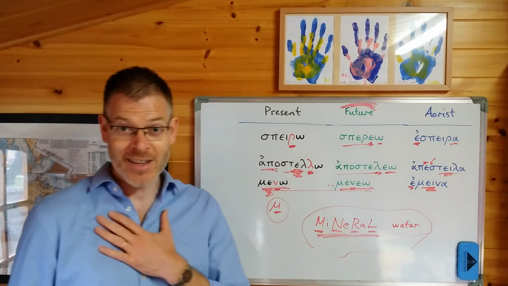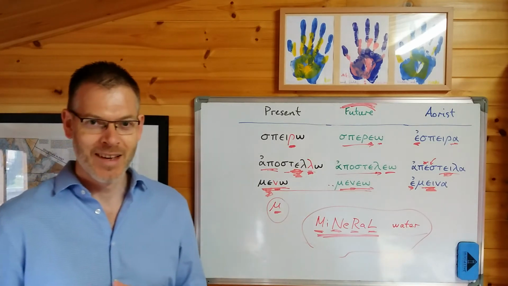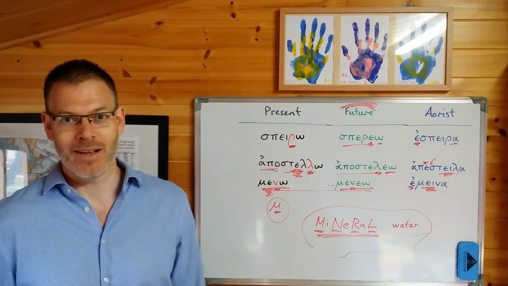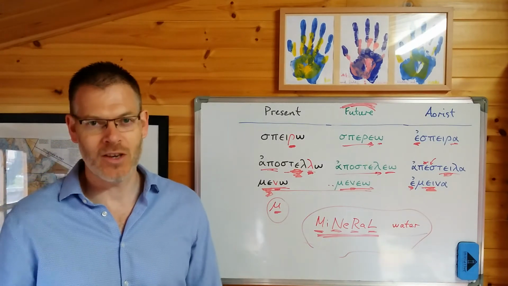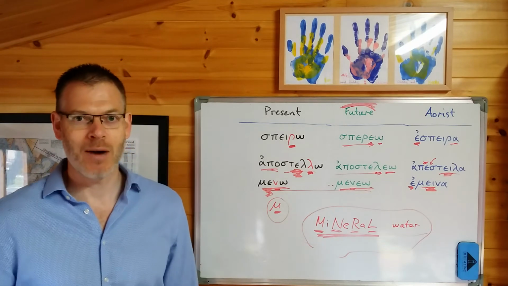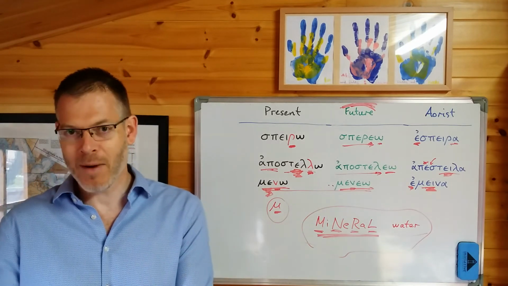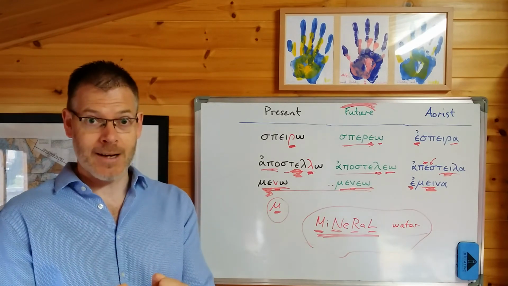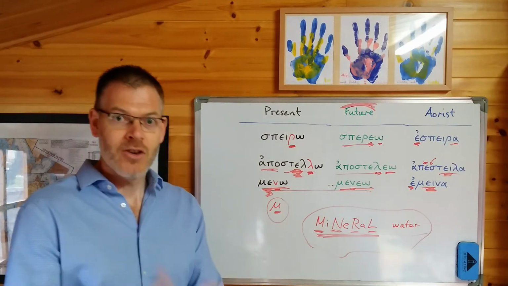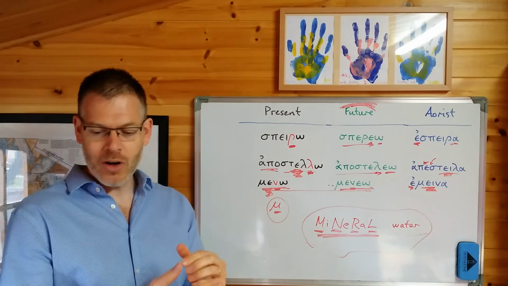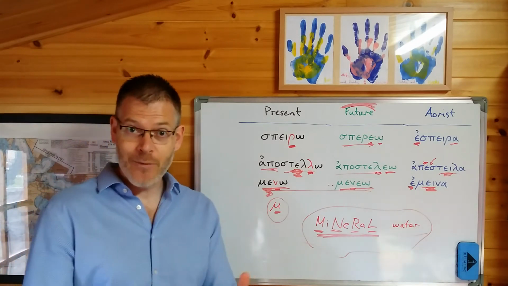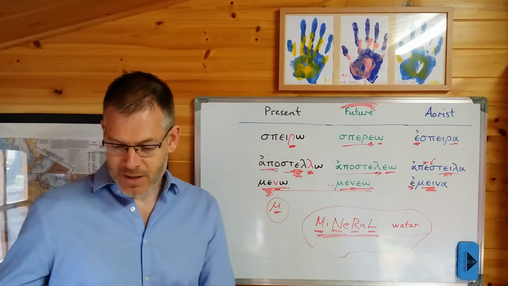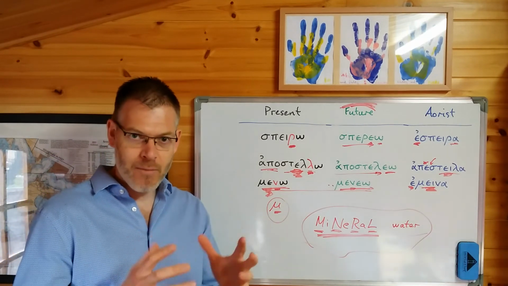Fantastic, wonderful. But the rest of us, mere mortals, simply can't memorise everything. Or we don't. Maybe if we were more disciplined, we'd be able to. But from about this chapter onwards, you do want to keep memorising the vocabulary. You do want to keep memorising all of the major, significant forms. I think you want to memorise all this stuff about the second aorists, and get familiar with those stems.